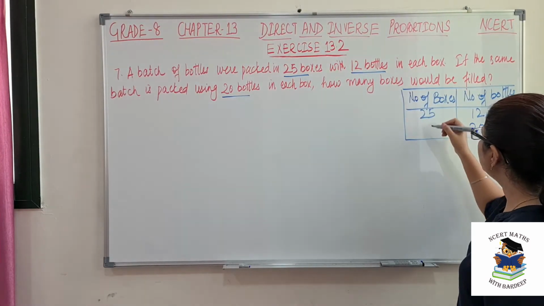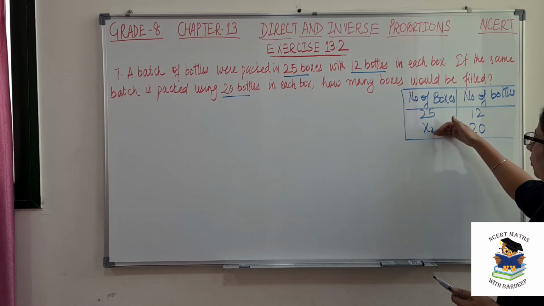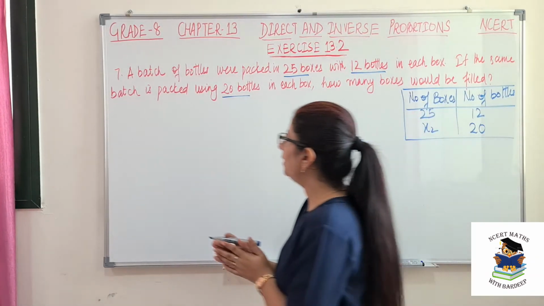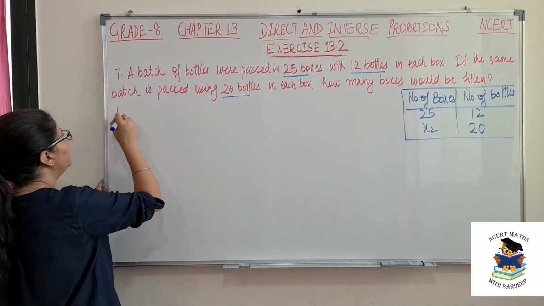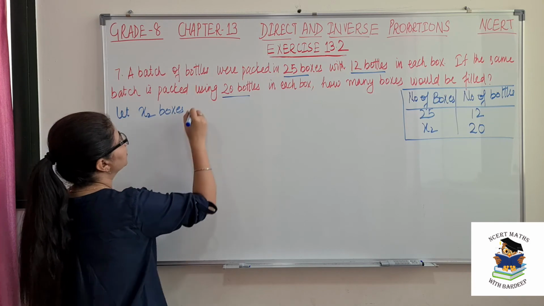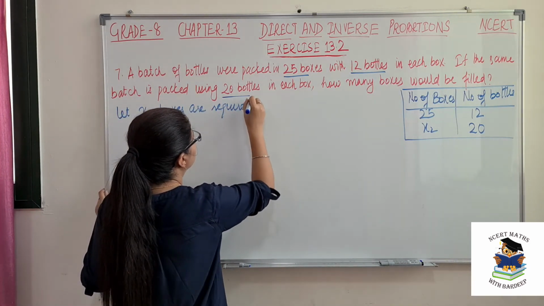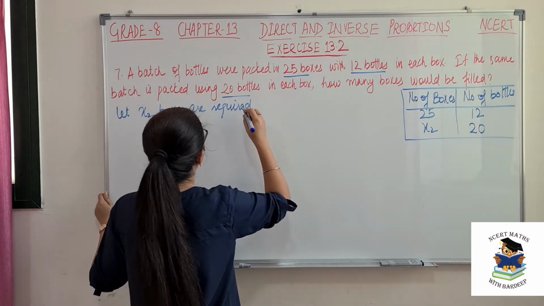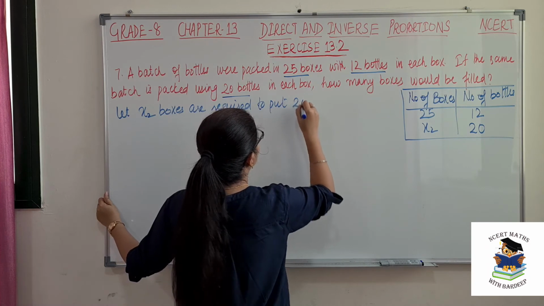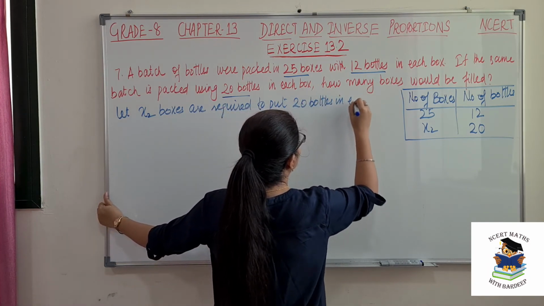Since this is always taken as x, let it be x2, because x1 over x2 is equal to y2 over y1. So again we will assume, let x2 boxes be required to put 20 bottles in each box.